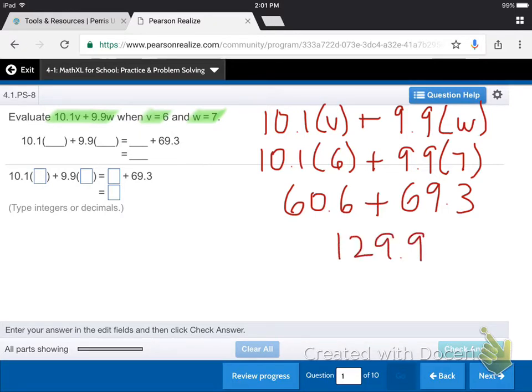Now, find out where the blanks are over here and then fill them in according to what you see on the right hand side. So 10.1 times V, which was 6, and 9.9 times 7. And then right in here, I'm going to put an arrow that goes right there. And then the answer was 129.9. That goes right there. So that's what you're going to type in.